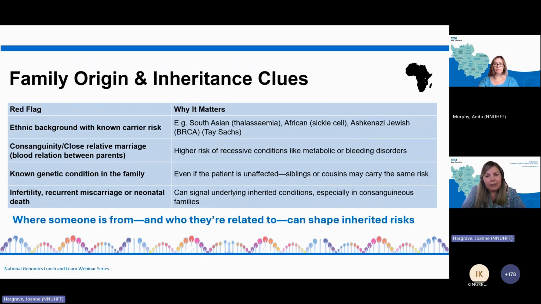Going back to the theme of pregnancy, infertility, recurrent miscarriages, or neonatal death can signal an underlying health condition, especially when we think about close relative marriage. It's worth investigating what tests were previously offered to ensure care and future management is appropriate.